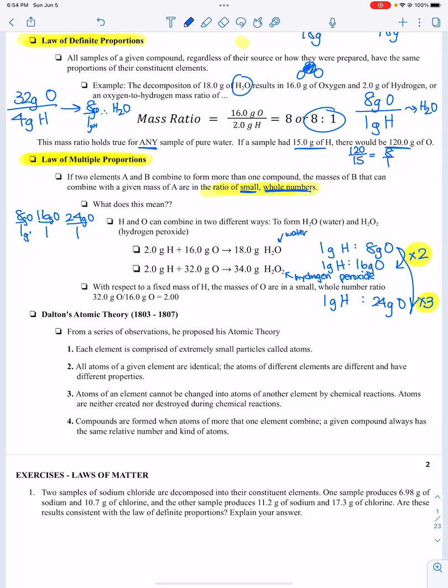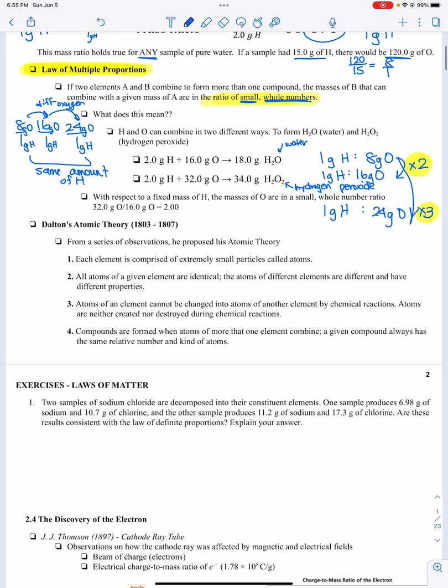The bottom number represents grams of hydrogen. Looks like all of them have the same amount of hydrogen, but a different amount of oxygen. These numbers would be consistent with the law of multiple proportions. If I multiply by a whole number and I get that ratio times a whole number, then it is consistent with the law of multiple proportions.